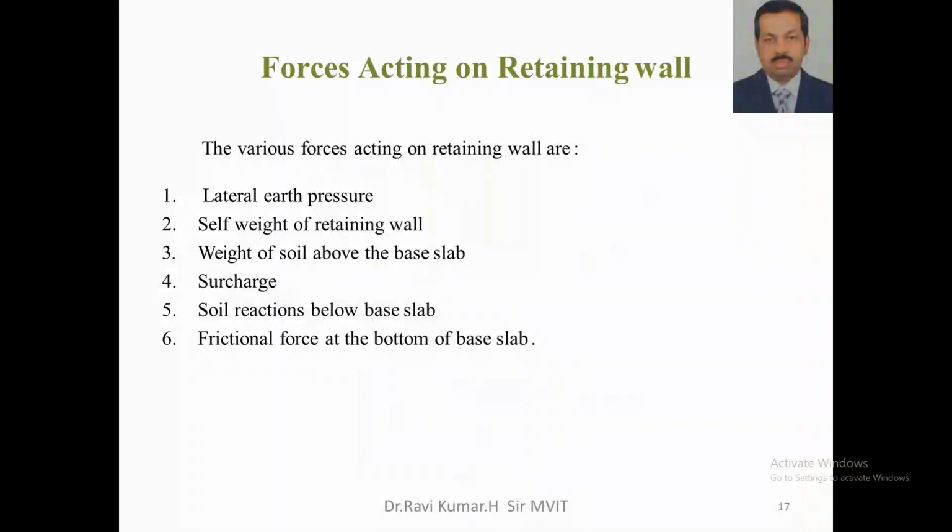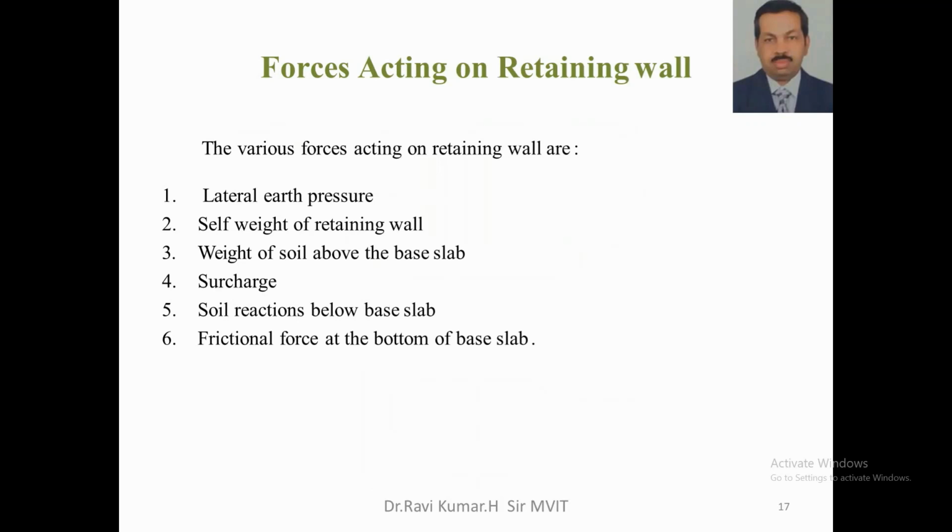Now coming to the various kinds of forces acting on a retaining wall: lateral earth pressure, self weight of the retaining wall, weight of the soil above the base slab, surcharge, soil reaction below the base slab, and frictional force at the base slab.